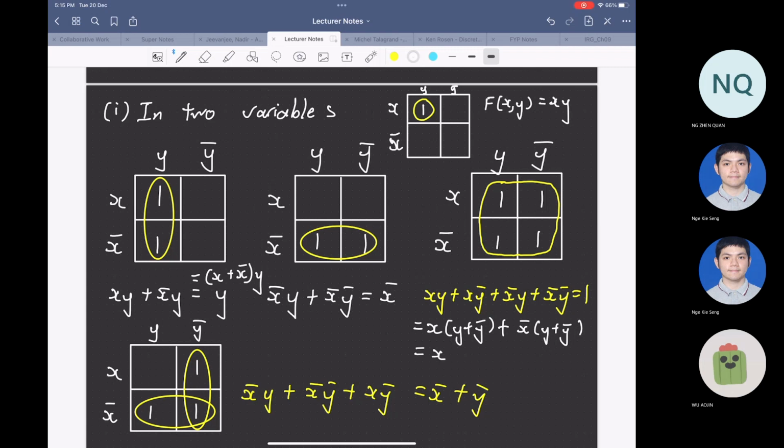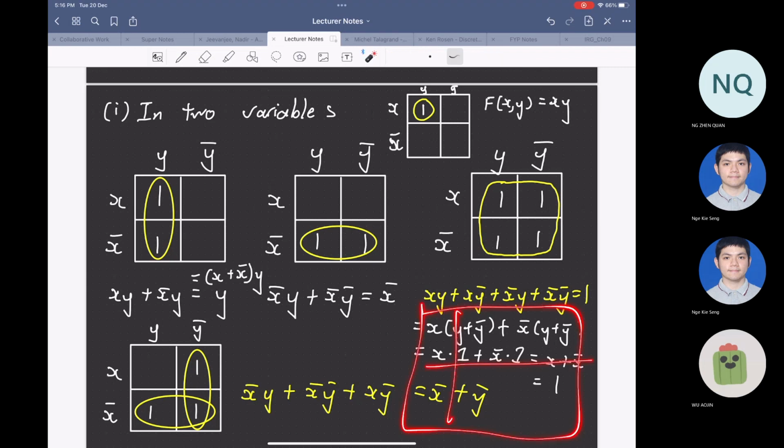So it's 1 plus x bar times 1, which is equal to x plus x bar, which is still 1. If you still don't believe it, you can build the truth table, and you will see that it's always 1, 1, 1. There are a lot of ways to check it.